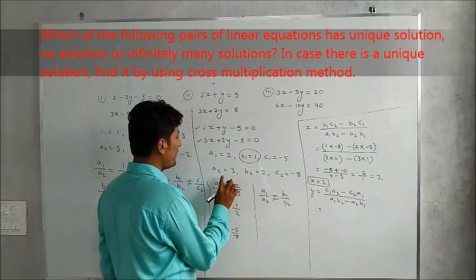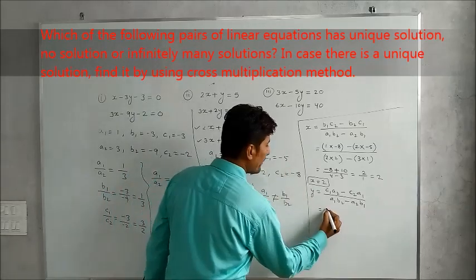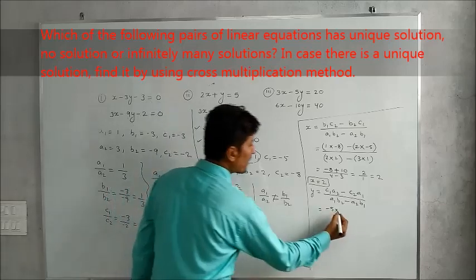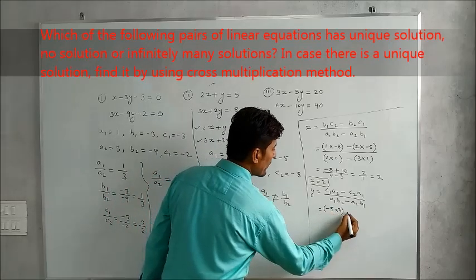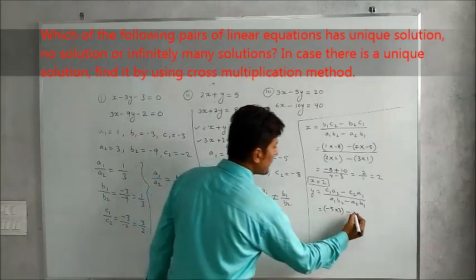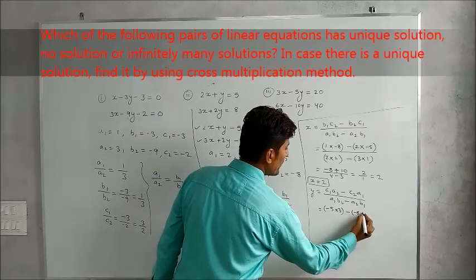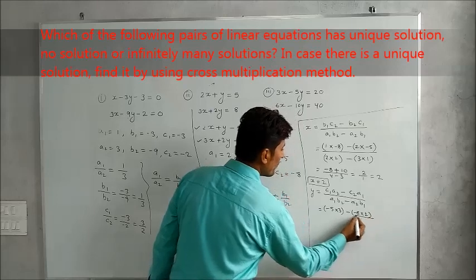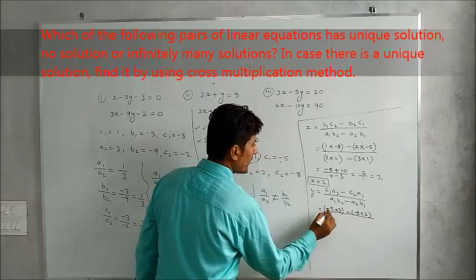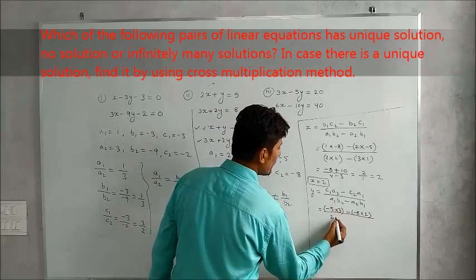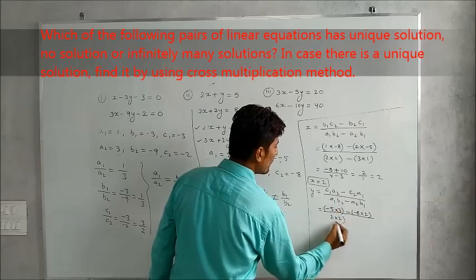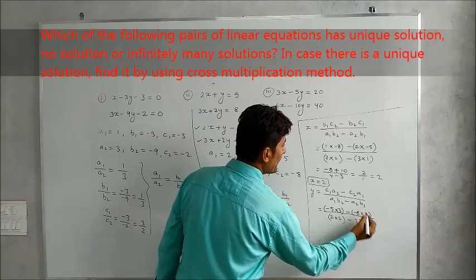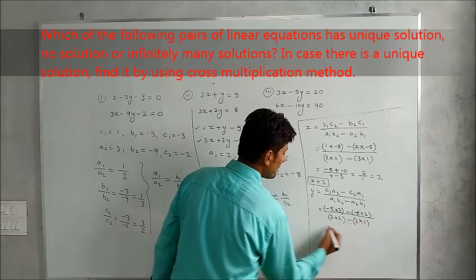The value of c1 we will copy, minus 5 multiplied by a2. a2 is 3, so we can write here 3, minus c2, that is minus 8, times a1, which is 2, so we can write here 2. The whole is divided by a1 2, b2 also 2, minus a2 3 and b1 1.